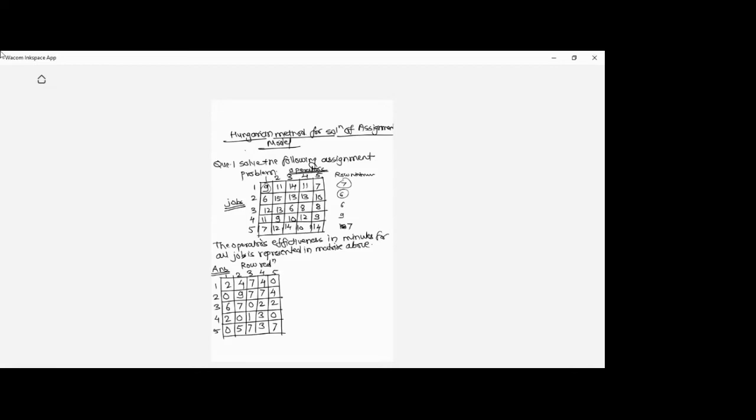Right? After row reduction, we are going to move towards the column reduction. So the next step that we have is column reduction. Right?